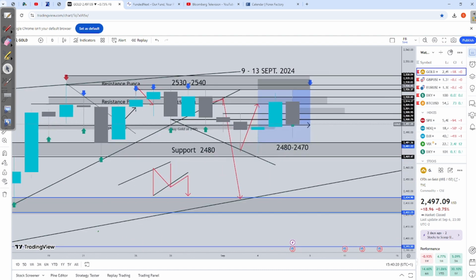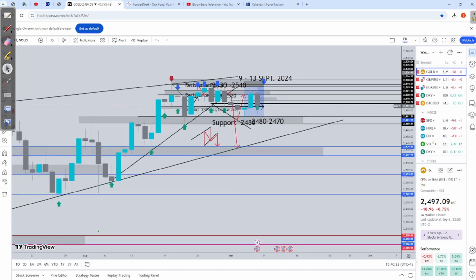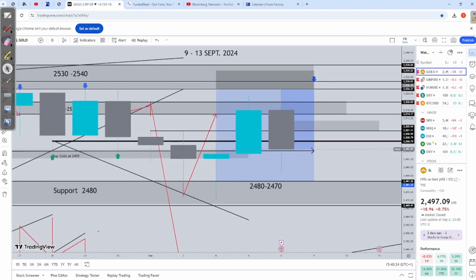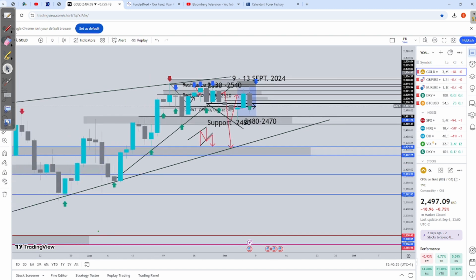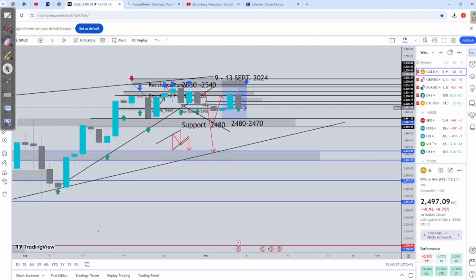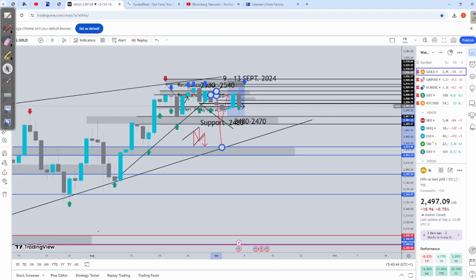So since it is still on the uptrend, and it is now finding it difficult to break above 2540, that place is a place to really take into account more. But I'm expecting it to come down all the way to, let me write this one.